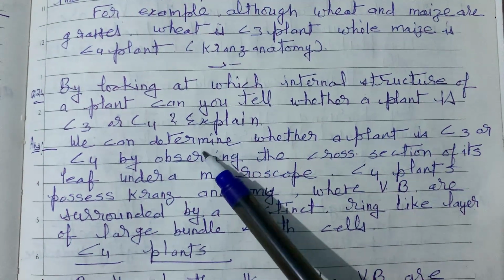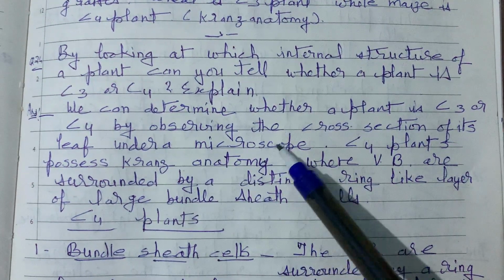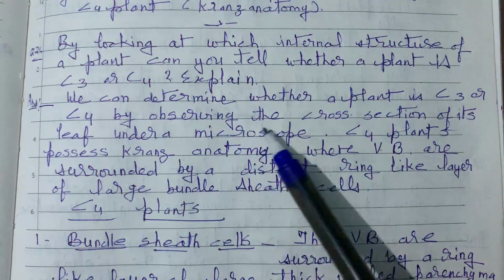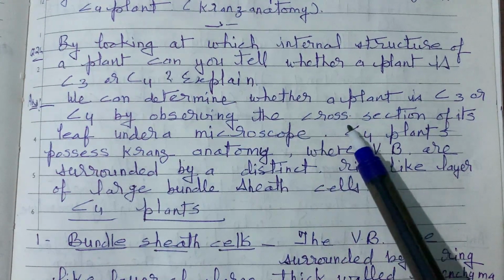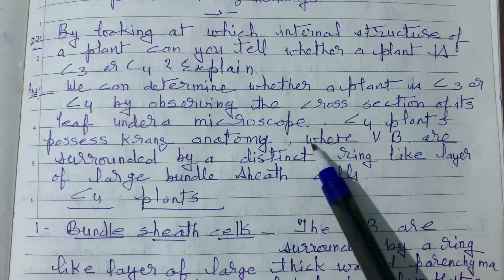Your second question is, by looking at which internal structure of a plant can you tell whether a plant is C3 or C4? Explain. See, we can determine whether a plant is C3 or C4 by observing the cross section of its leaf under a microscope.